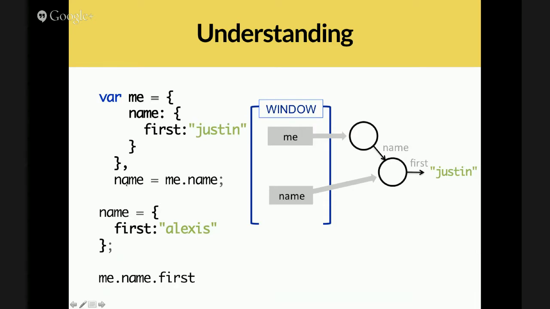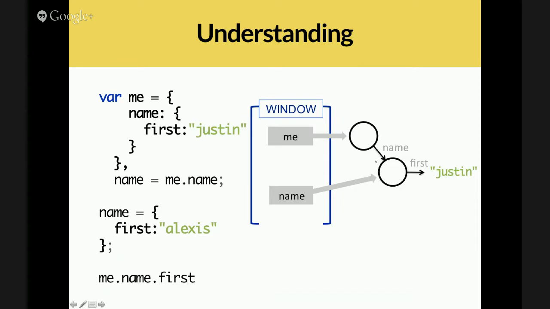So when you say name equals me.name, it's not actually somehow a pointer pointing at a pointer. It is pointing at the value of what the name pointer points at, but it's not pointing at this pointer itself. So if this pointer changes, name doesn't change, and vice versa.